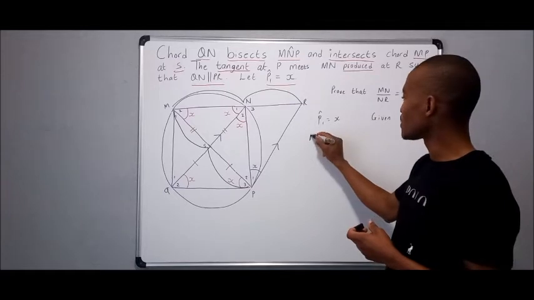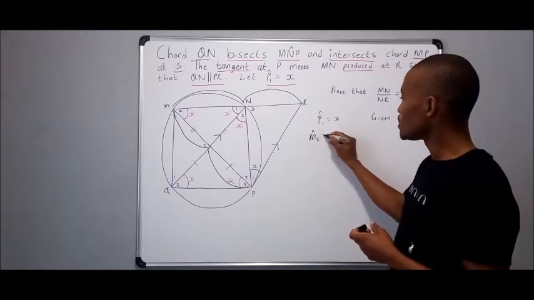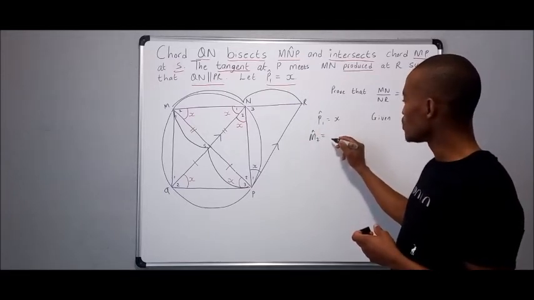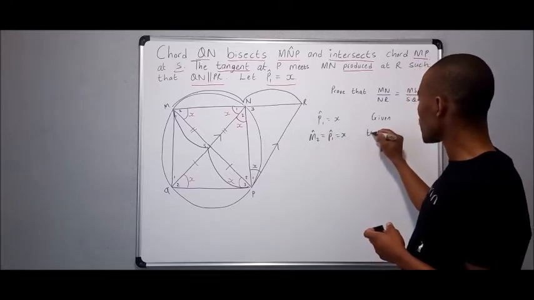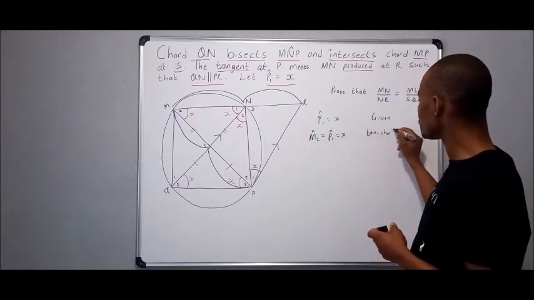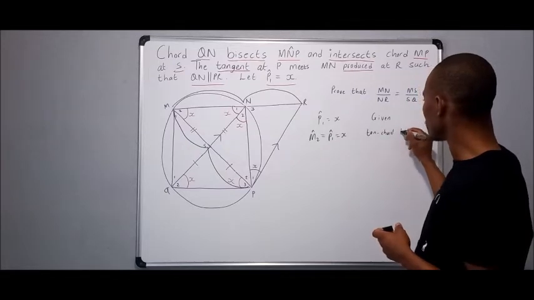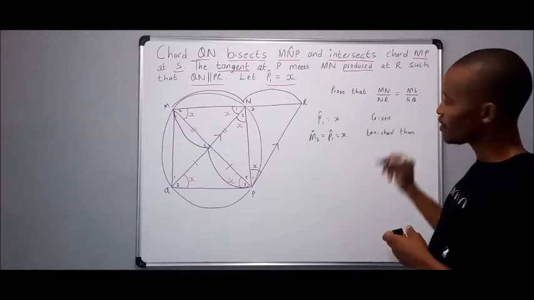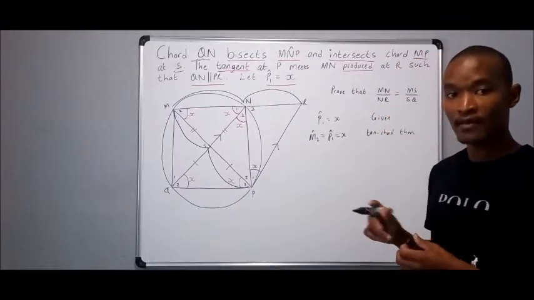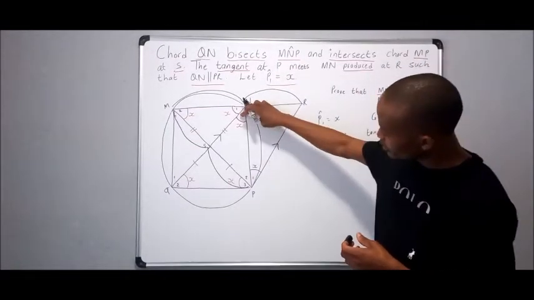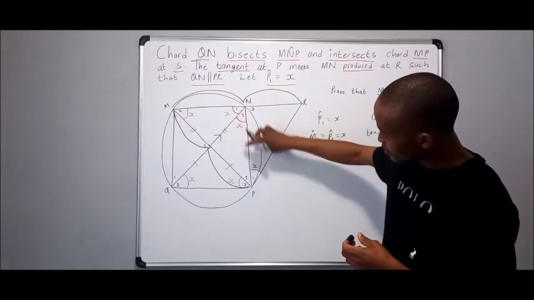So we know that angle M2 is equal to angle P1, which is X, and this is by the tan-chord theorem. However, we have said that alternate angles here as well.